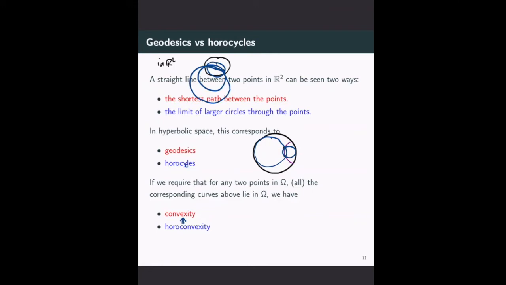Well, a straight example is the line segment here. It's convex, but it's not horoconvex. For it to be horoconvex, it has to include the lens. So this is the smallest horoconvex domain that would include these 2 points. And this is the smallest convex domain that includes those 2 points.